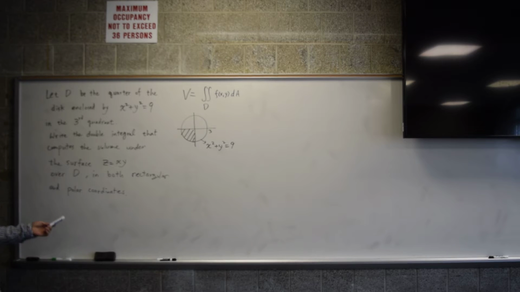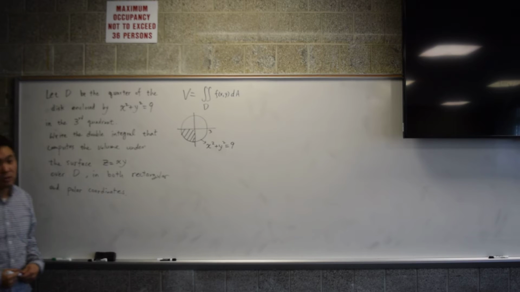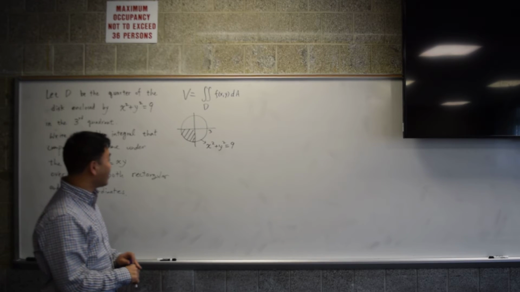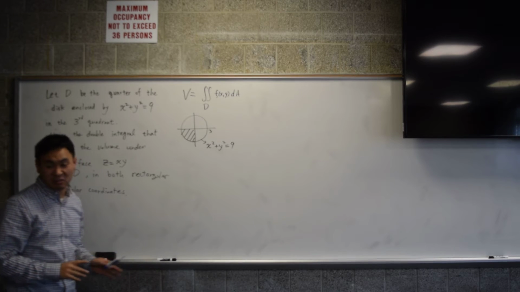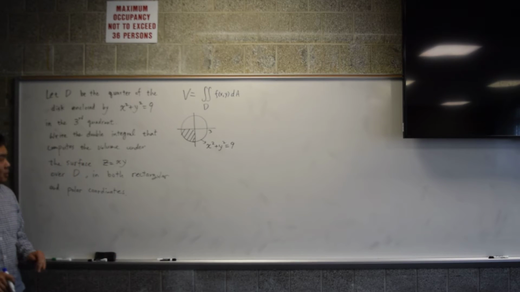And even for rectangular coordinates, there are actually two possible solutions. You can use dx dy, or you can use dy dx. So I'll just do the dy dx, and dx dy will be very similar. So try to do that on your own. See what it would be.